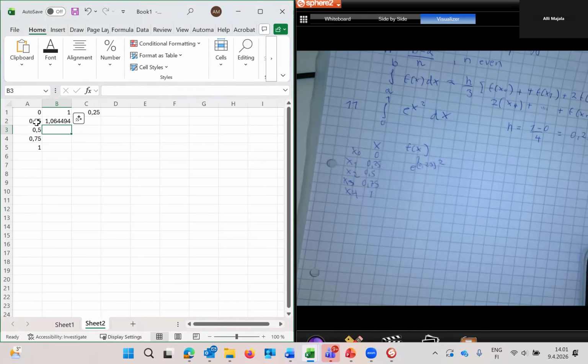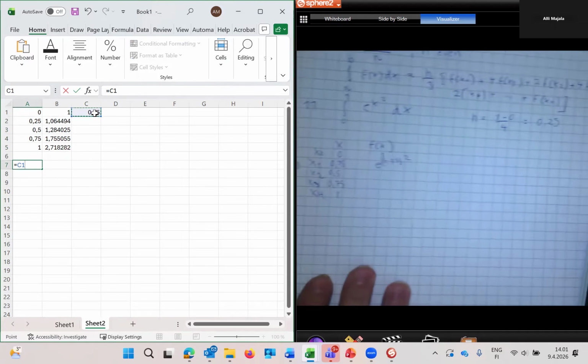Ha. Now I got it. Wow. And then the damn formula is. And now I put here this divided by 3. That's the formula.